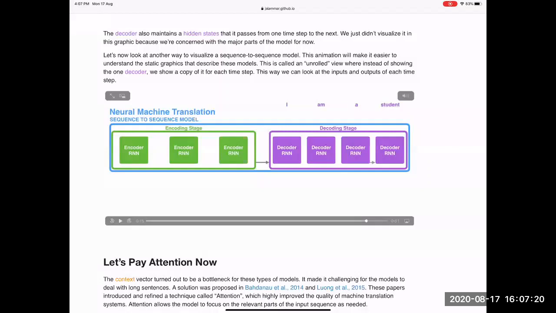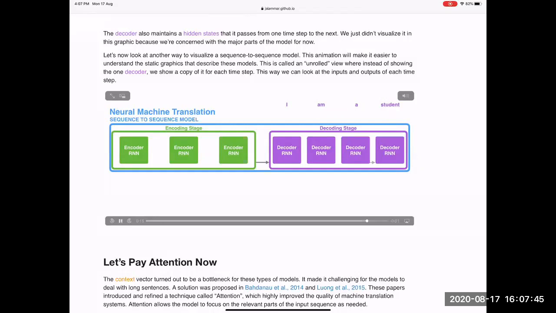But the decoder also has its own hidden state every time. So along with its own hidden state as well as the encoder's last hidden state, using both of those things, the decoder is generating "I am a student".